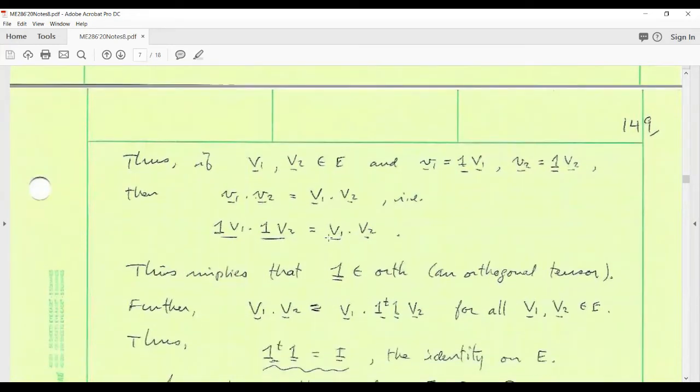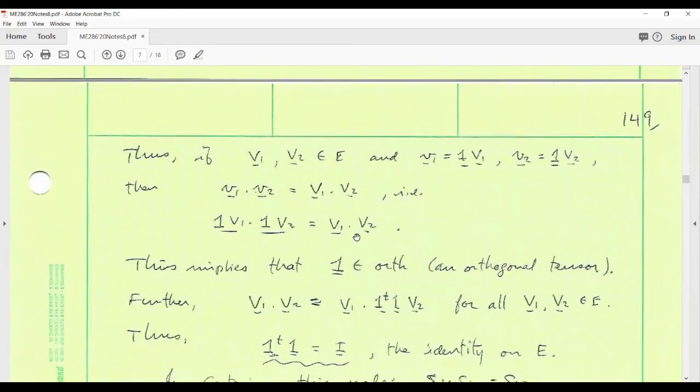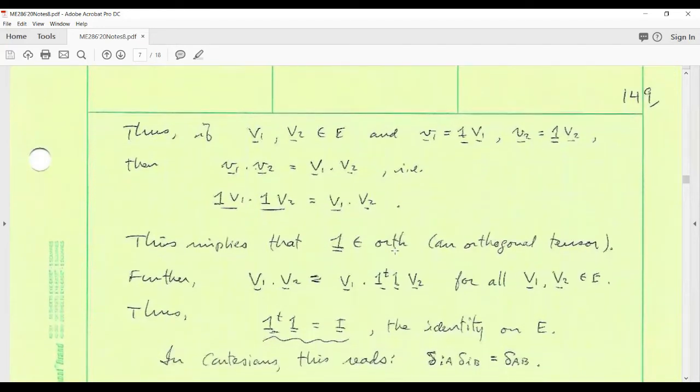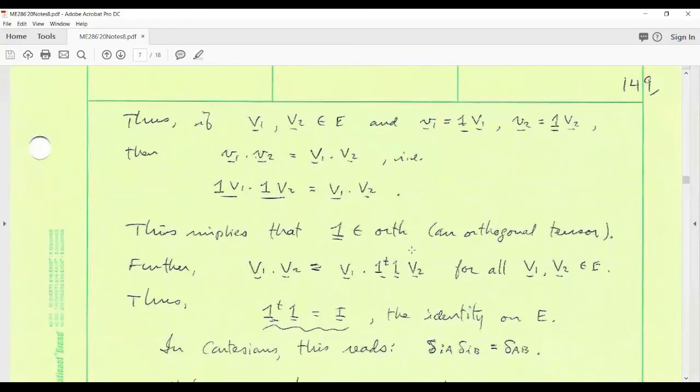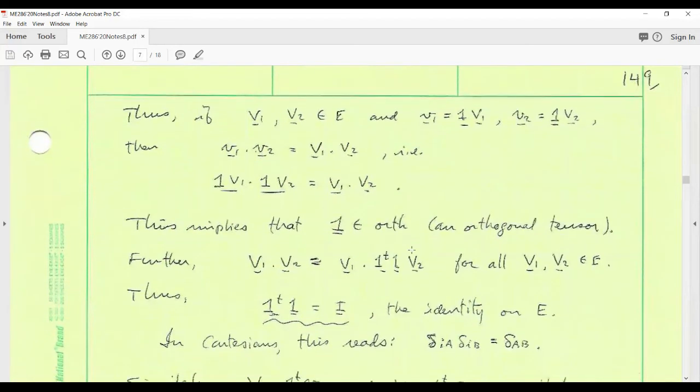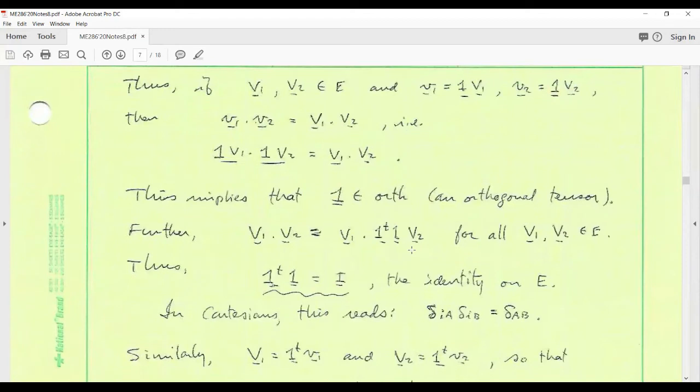And so we have the conclusion that the shifter preserves the dot product, right? The shifter doesn't alter the dot product between the two vectors. And that's basically the definition of an orthogonal tensor, if you remember from continuum mechanics. So we conclude immediately that the shifter is orthogonal, just like the conventional identity is orthogonal, but it's a distinct mathematical concept.